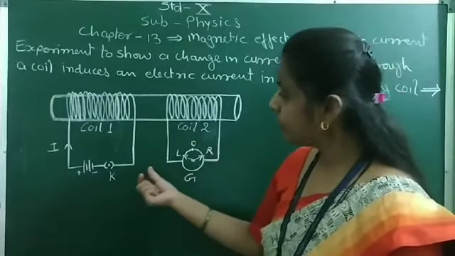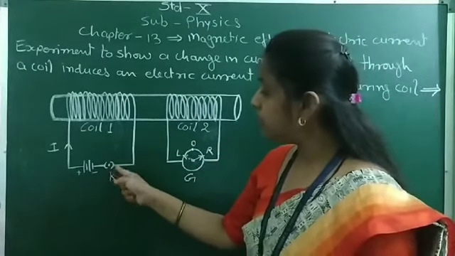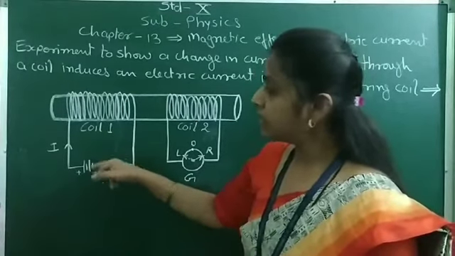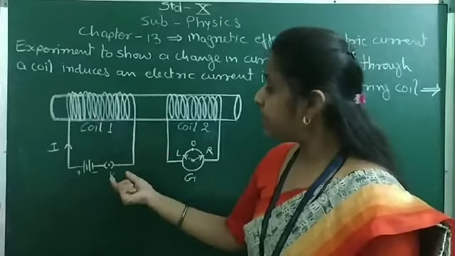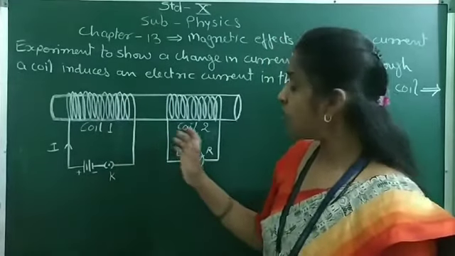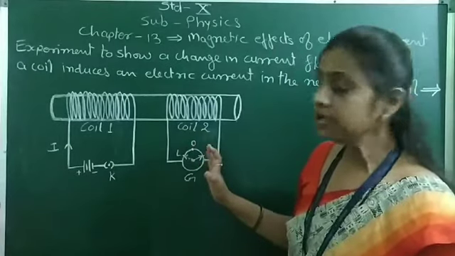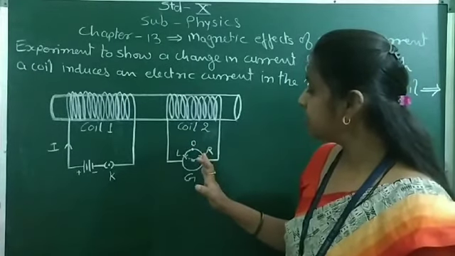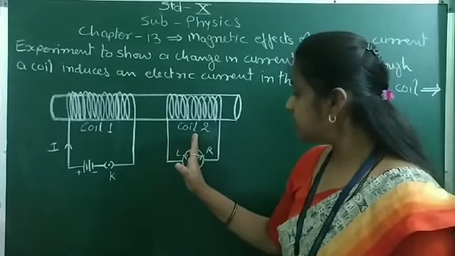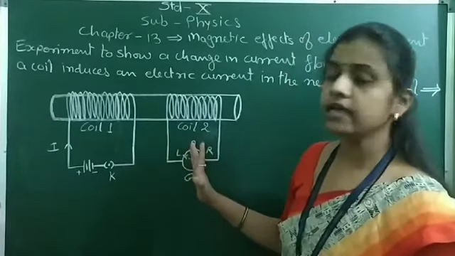galvanometer. Whenever the key is closed or the plug key is in, current flows through coil 1. Now just observe the galvanometer. You can see the needle deflect towards right and again come to 0.